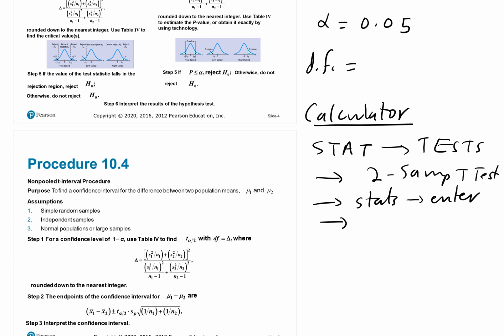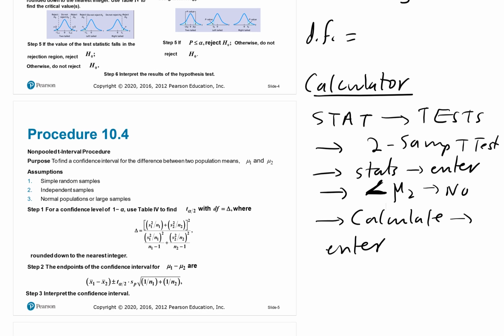You use the arrows to go to the middle one, less than mu sub 2, because it's a left tail test. And then this is non-pooled, so under Pooled, you say No. Hit the enter key and then scroll down to Calculate and hit the enter key.